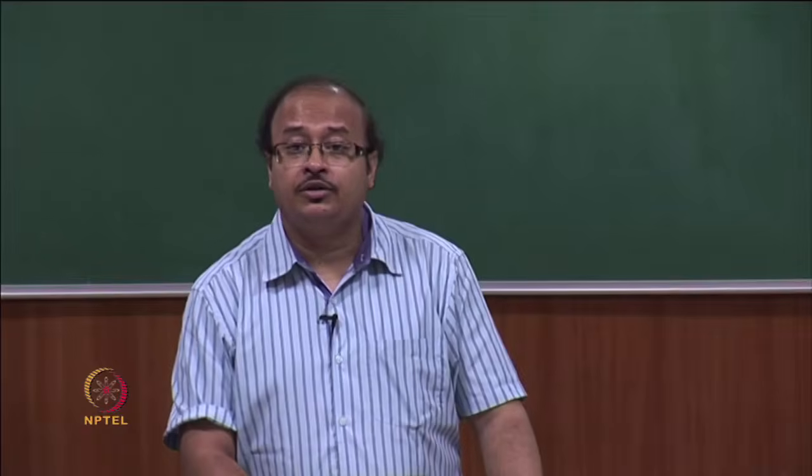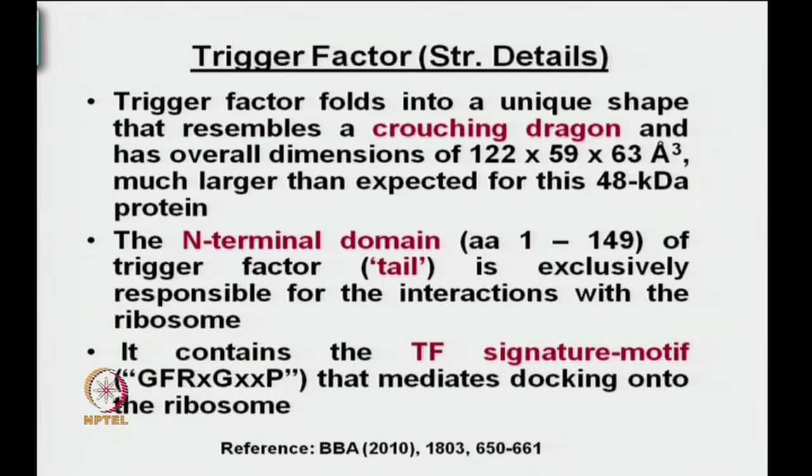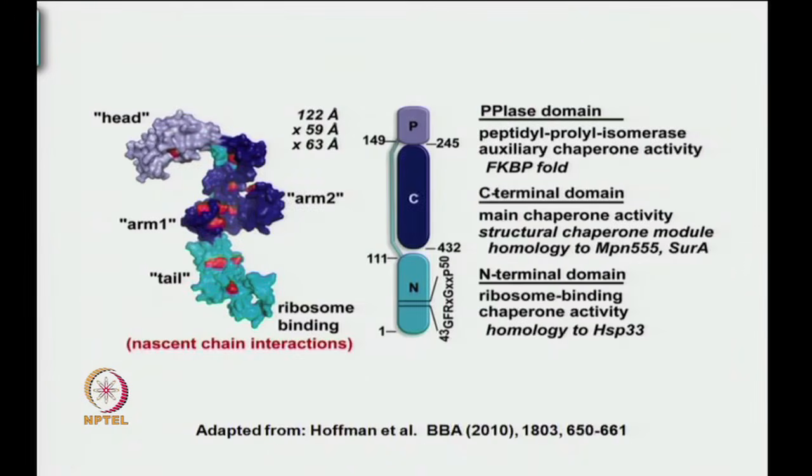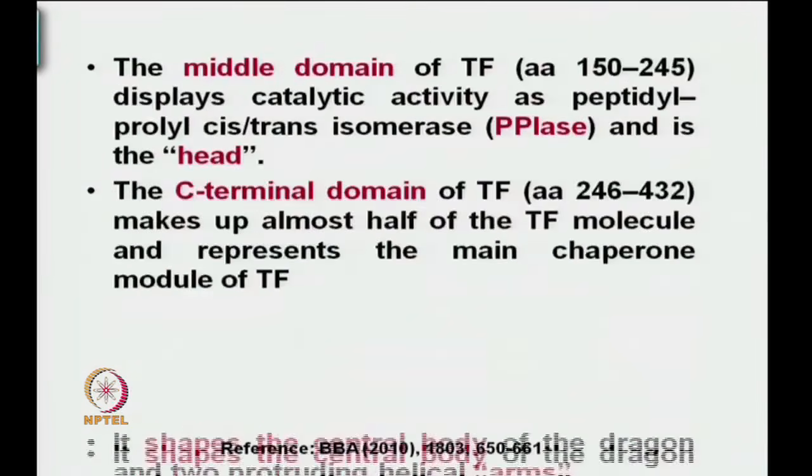And the third point, which I just missed discussing, is that it shapes the central body of the dragon and has two protruding helical arms. If you go back, you will be able to look at these arms 1 and 2, right. Okay.